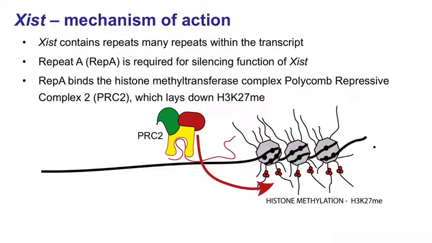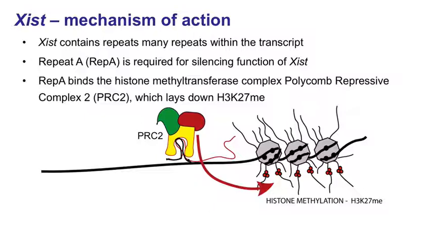So the way that Xist works, in this case, involves one of the repeats that's found in Xist. So this long 17 kb RNA has at least 6 repeats that we know of, and one of those repeats, repeat A, actually forms a secondary structure, and it's this secondary structure of repeat A, or Rep A, that causes the binding of polycomb repressive complex 2, or PRC2.